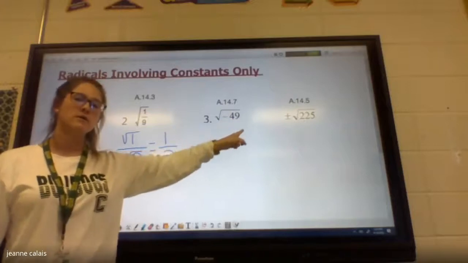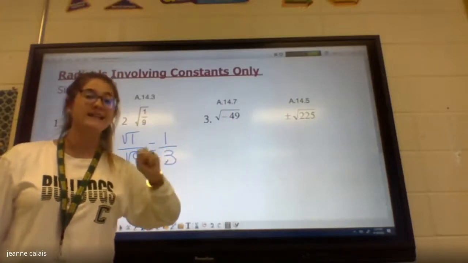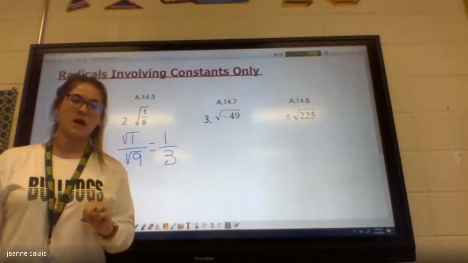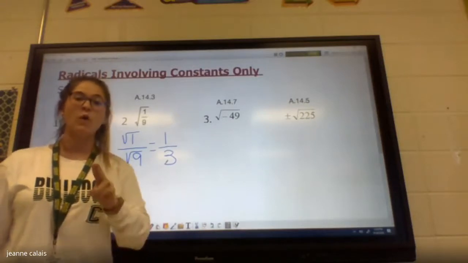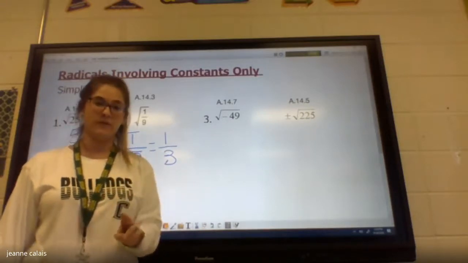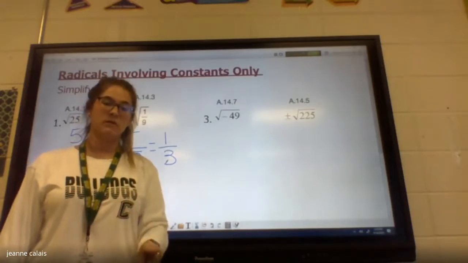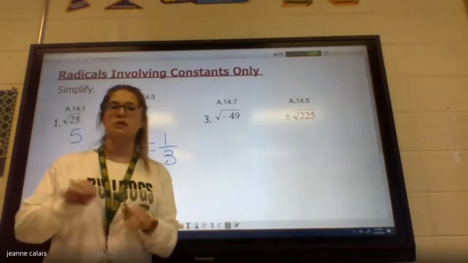Here, what number times itself gives you negative 49? Think about that for a second, okay? A positive number times a positive number will always give you a positive. A negative number times a negative number will always give you a positive. Whenever I ask this whole group, students always get it.